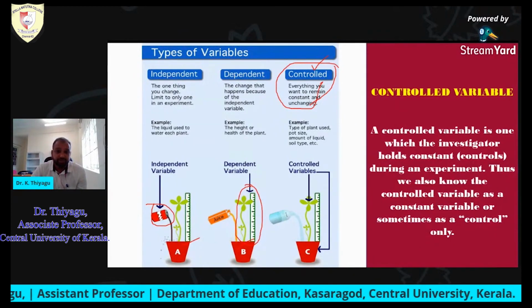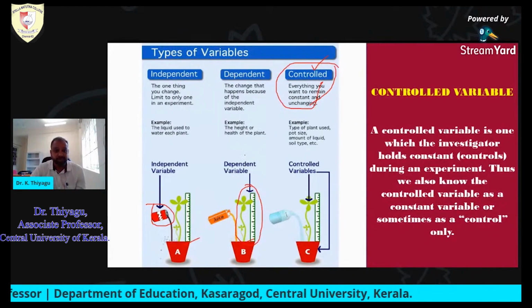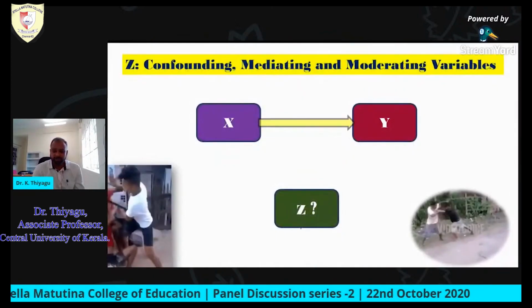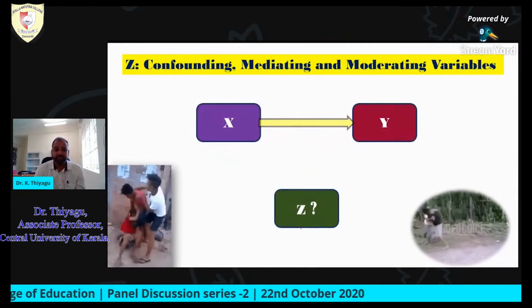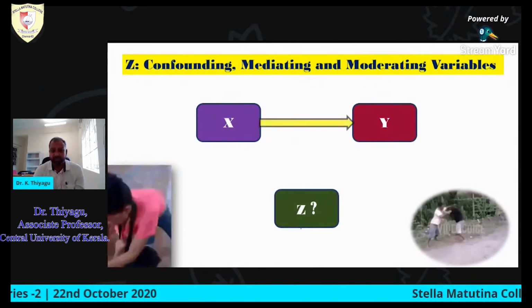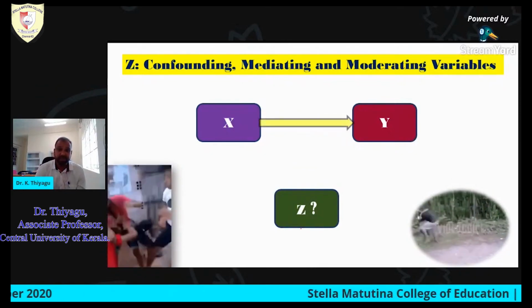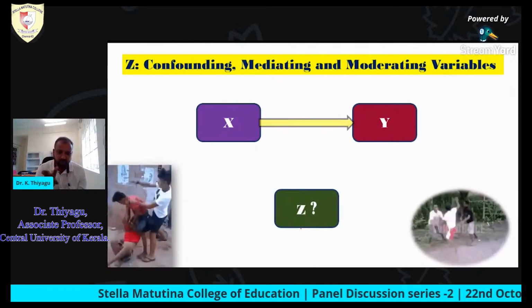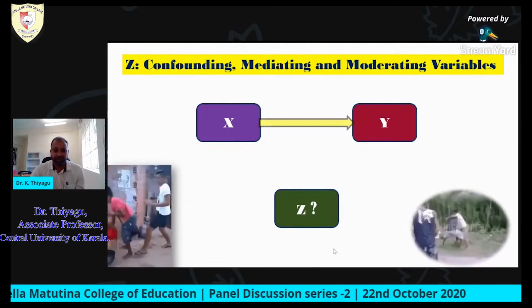Everything you want to remain constant and unchanging during the experiment, we can keep as a control variable. Suppose you consider a third variable Z. That variable may act in a different mode, like confounding, mediating, as well as moderating. There is different terminology we use when we look at the variable Z.